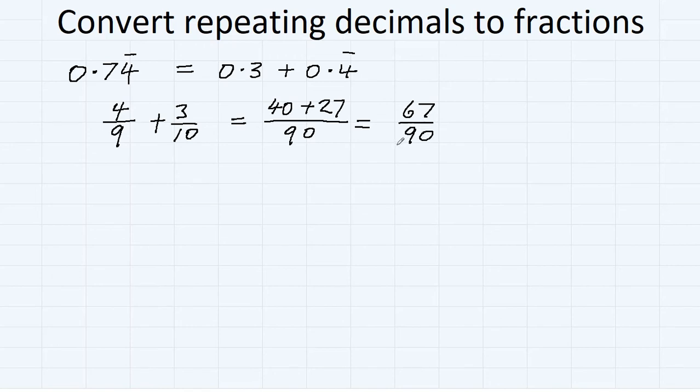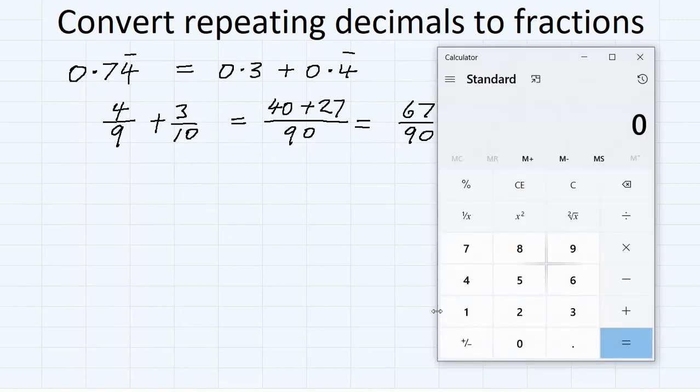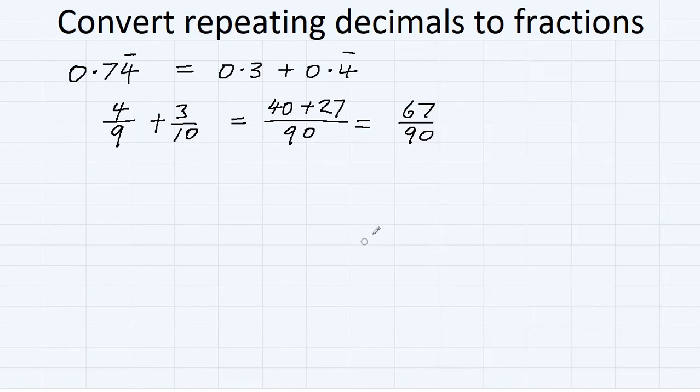That can't be simplified, so that's the final answer. Let's check that on the calculator. 67 divided by 90 equals 0.74 recurring. Correct.